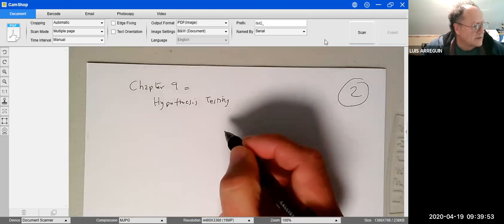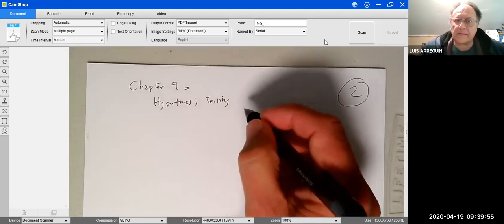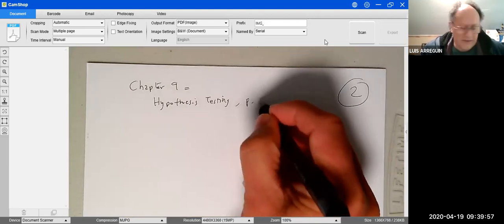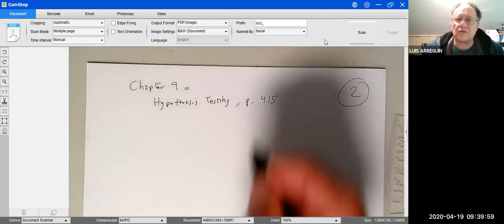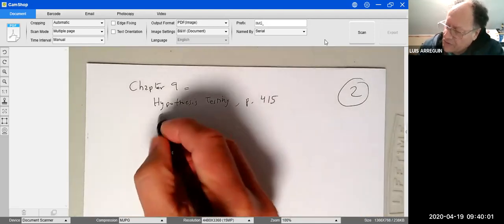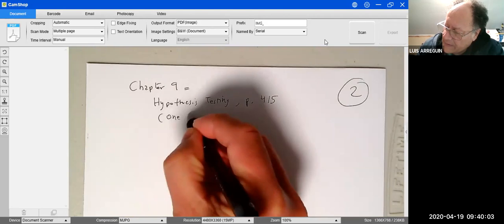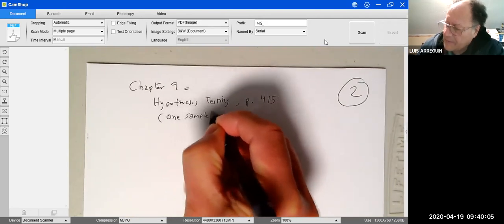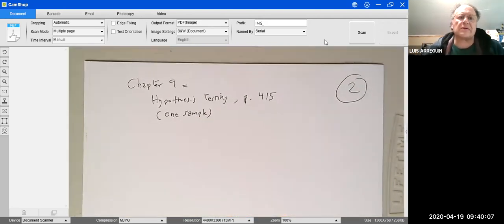So that's the title of the chapter. This is on page 415 in your book, and I'm going to add, this is just with one sample. Remember, we're going to do testing with two samples, so that's in chapter 11, or we're going to do testing with 3 or more samples, which is covered in chapter 14.